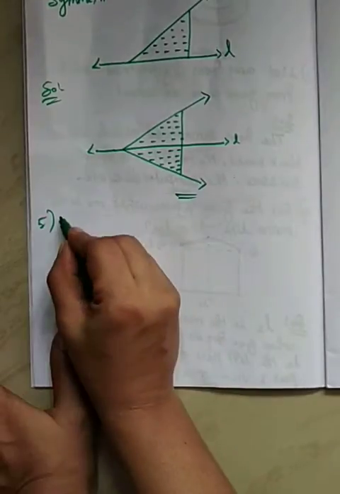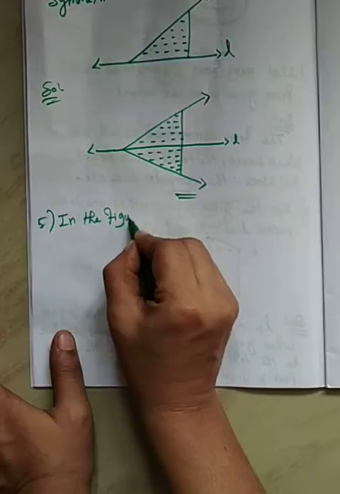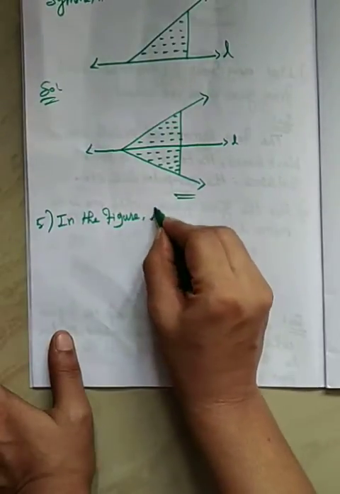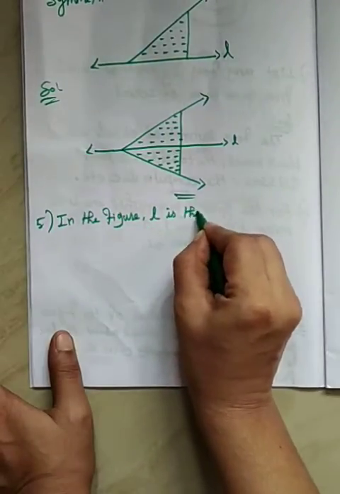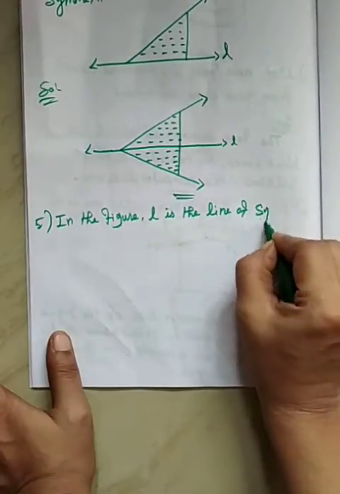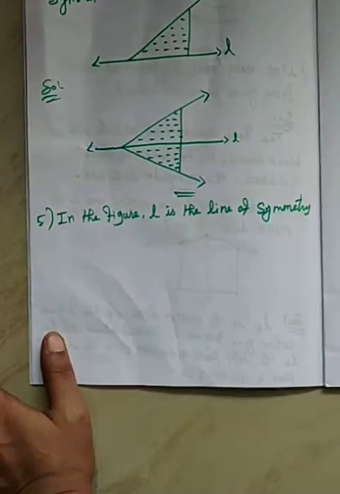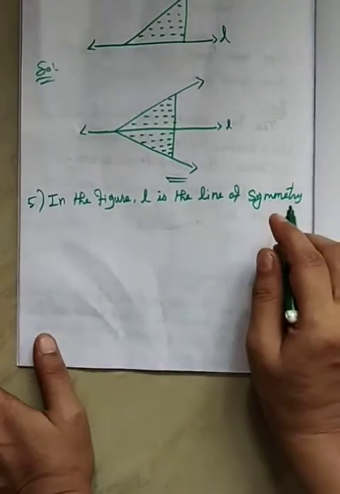In the figure, L is the line of symmetry.